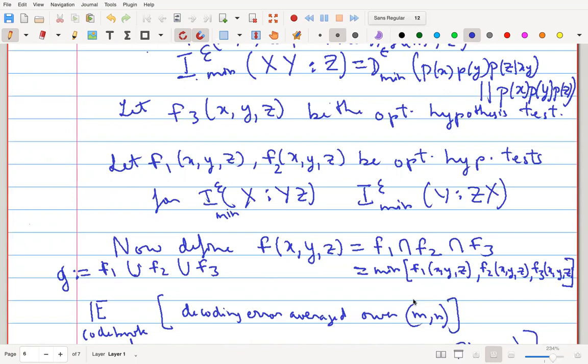We'll next see the broadcast channel, where there is a union going on. Again, you can go and read Marton's inner bound without common message, the simple Marton's inner bound for the broadcast channel. And nowhere will you feel that there is a union or intersection issue, but there is a union issue. So we will see it next.